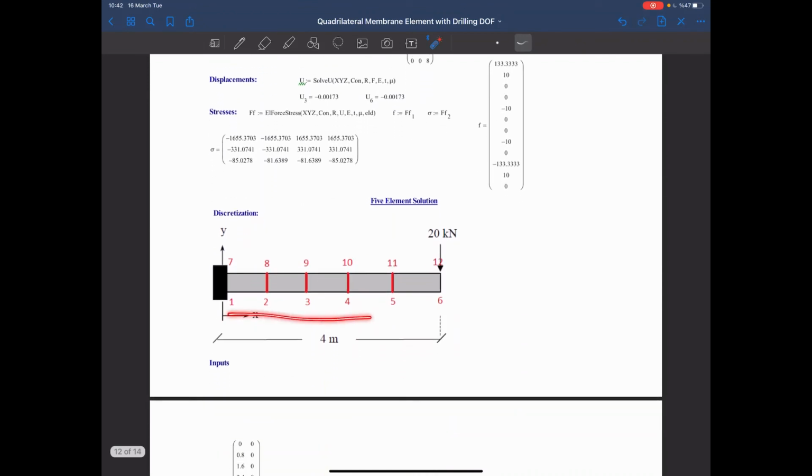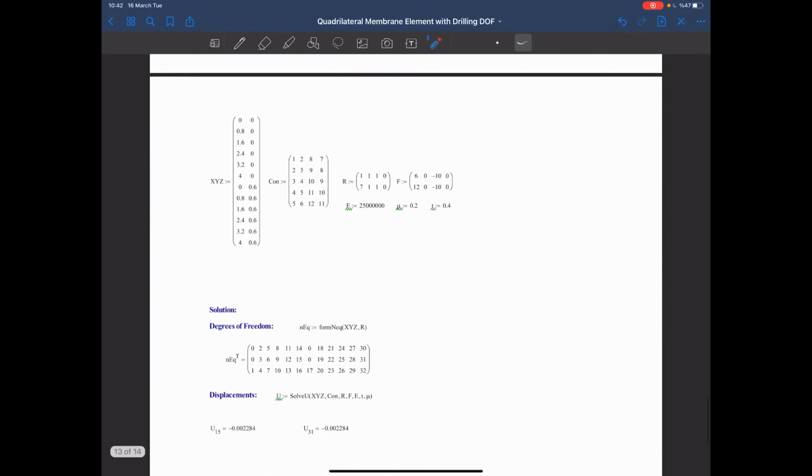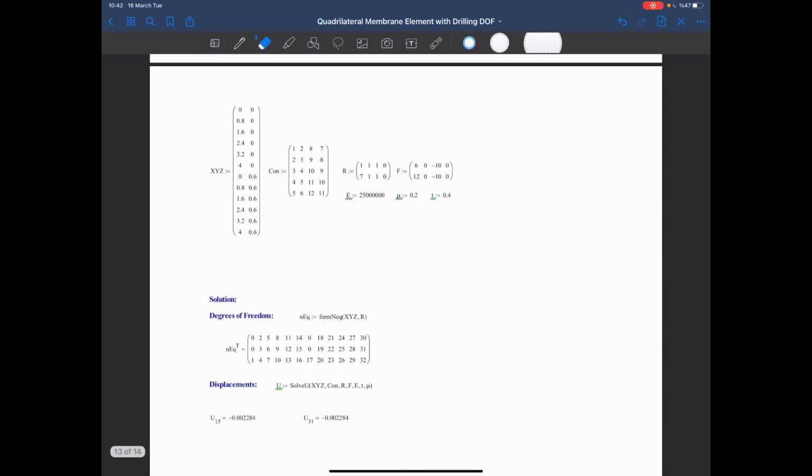Again, I'm discretizing the structure by using 5 elements, and when I look at the results, the displacements are in a much better shape. It's like minus 0.00228. We were expecting 0.0024 or 0.00237.